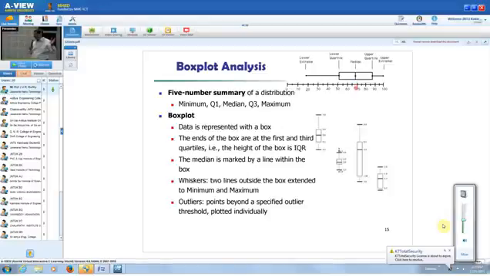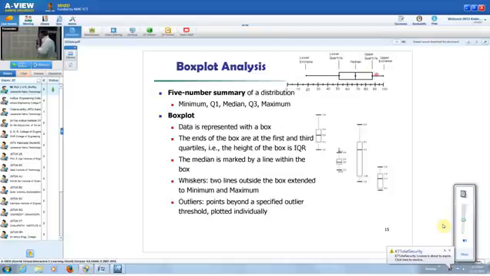To the left is the lower 50%, and to the right is the upper 50%. Your upper extreme finishes at 100.